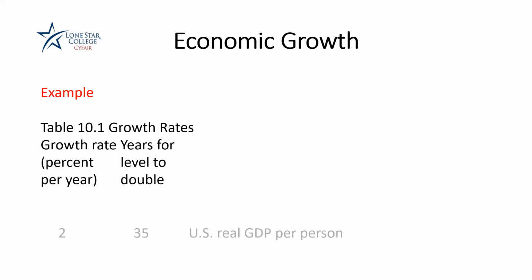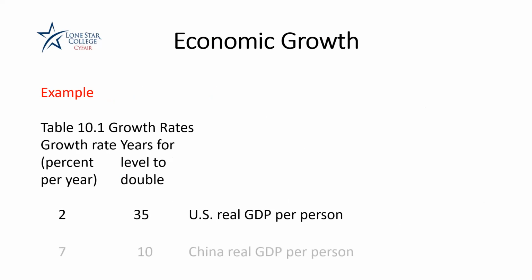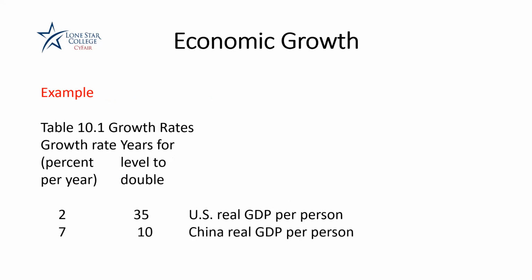And I give you an example here, but I also, again, calculated the number of years we're estimating in that video. So for United States, if the current economic growth rate is 2%, if you use the rule of 70, it will take 35 years for United States to double this 2%, which it will take 35 years for United States to end up with a 4% economic growth rate.